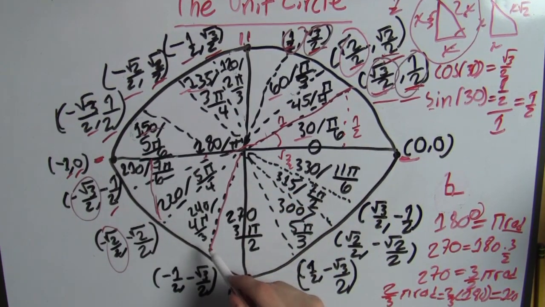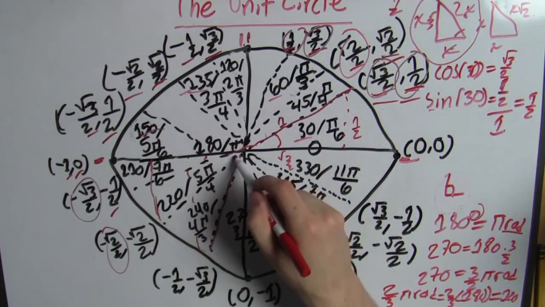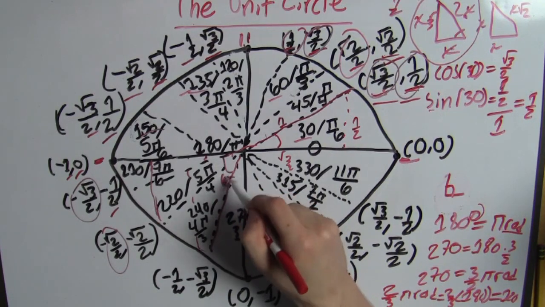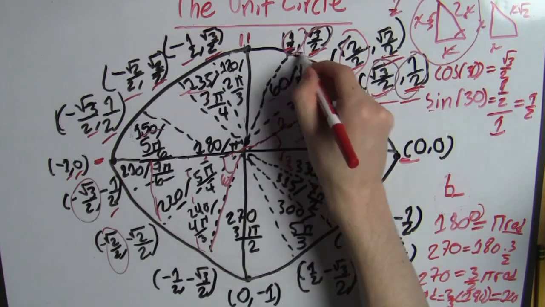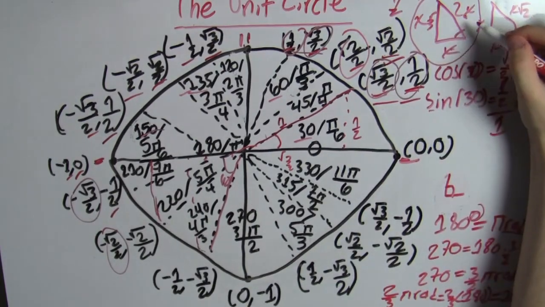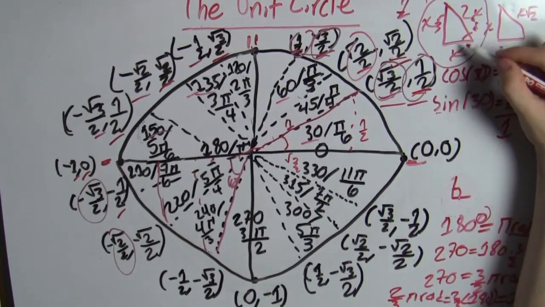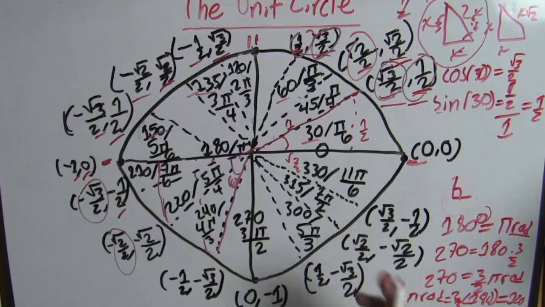If I were to drop my triangle, I would have an angle right here of 60 degrees. So what I'm really finding is the sine or the cosine of a 60-degree triangle. So I'll just remember my 60-degree point, or if I don't remember my 60-degree point, I can just use my 30, 60, 90 triangle and manually take the sine or cosine using the points, and I'll have my answer.